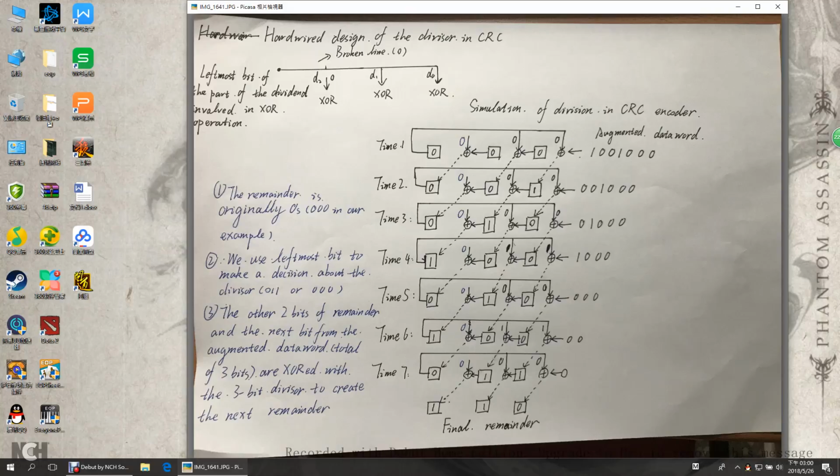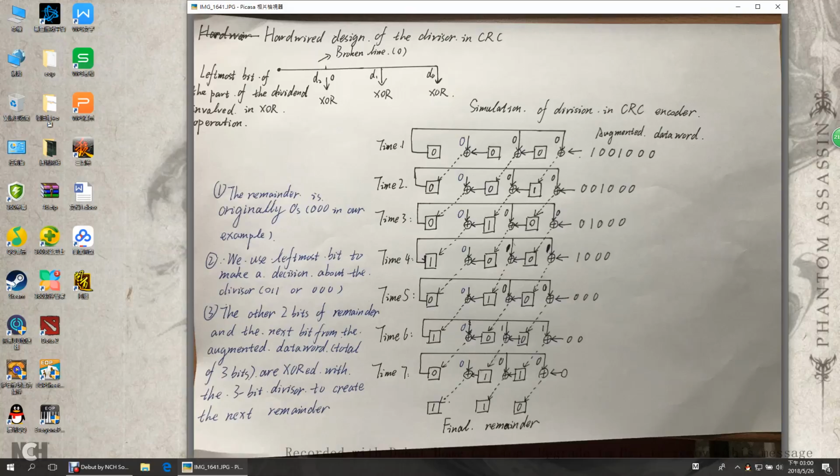So in this case, we know the CRC encoder is a step by step process, and in our previous example, only 3 bits, not 4, are actually used in the XOR operation.